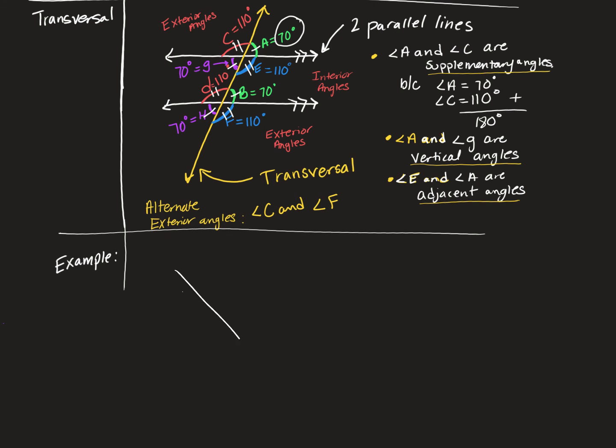So let's draw two parallel lines. And we're going to draw the transversal in a different way. Sorry, that's supposed to be a straight line. Let's draw it like this.